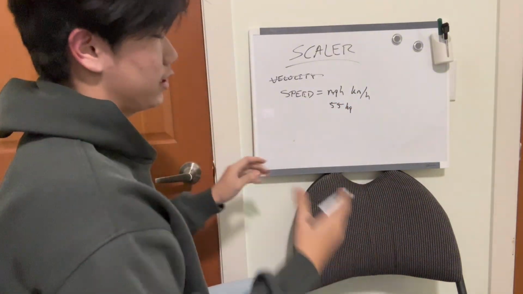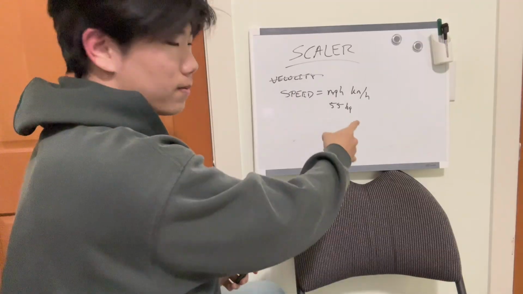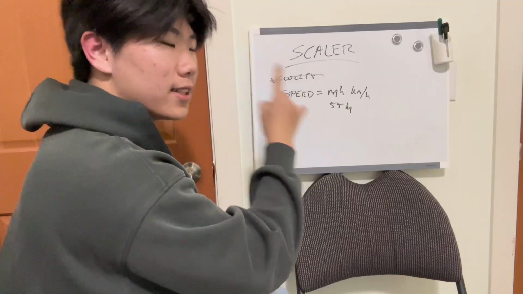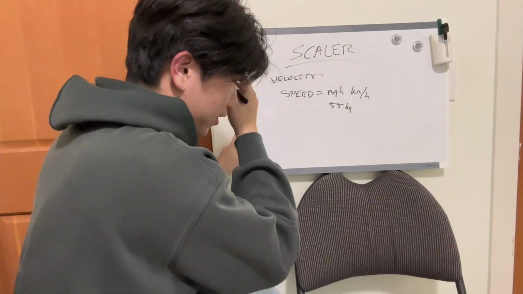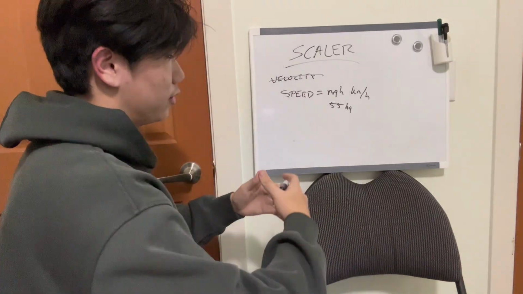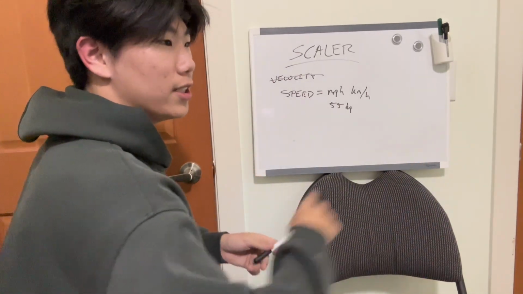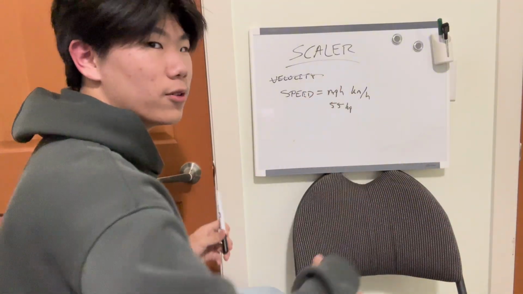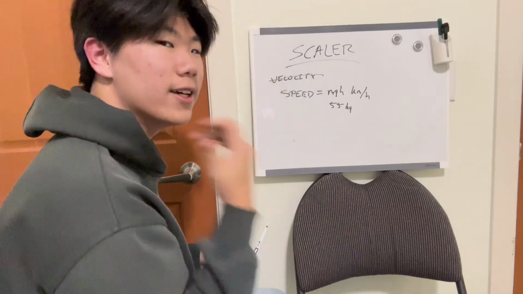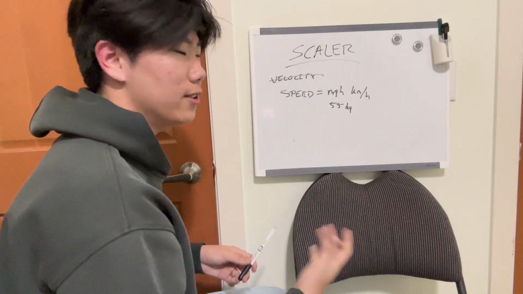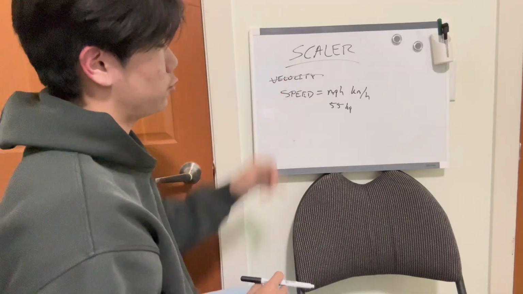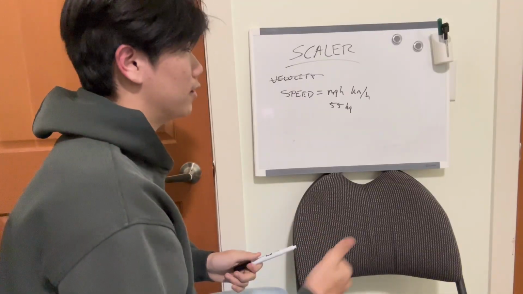I don't know. It could be any unit. However, what's it missing? It's missing a direction. So you can never really tell by speed what direction it's going. It could be going east, west, up, or down. You never know. It's not specified. That's why we call it a scalar unit. For velocity, you have to make sure you include the direction. So yeah, that's just a small detour. But that is what a scalar is. A scalar has magnitude but no direction.